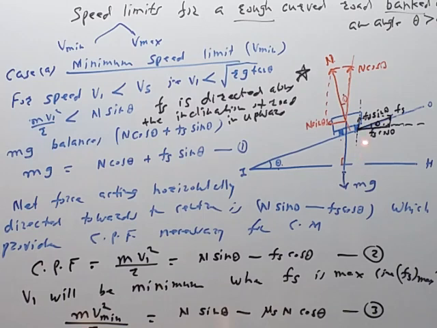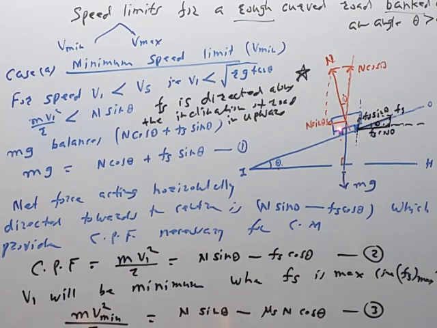So the total force in the upward direction acting through the center of gravity is N cos theta. This is one force, and Fs sin theta is another force. So the total upward force, N cos theta and Fs sin theta, add together, and it is balanced by mg. mg is always vertically downward. Now in the horizontal direction, there are two forces.